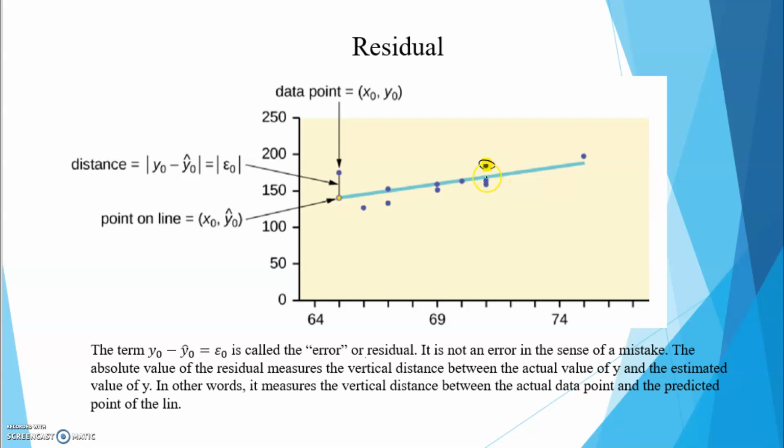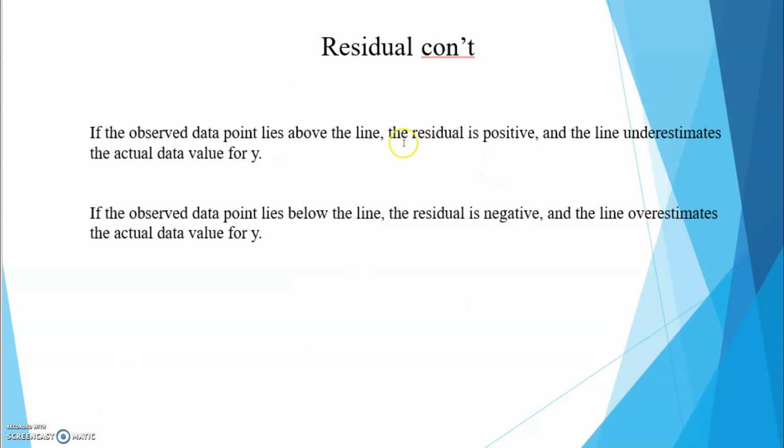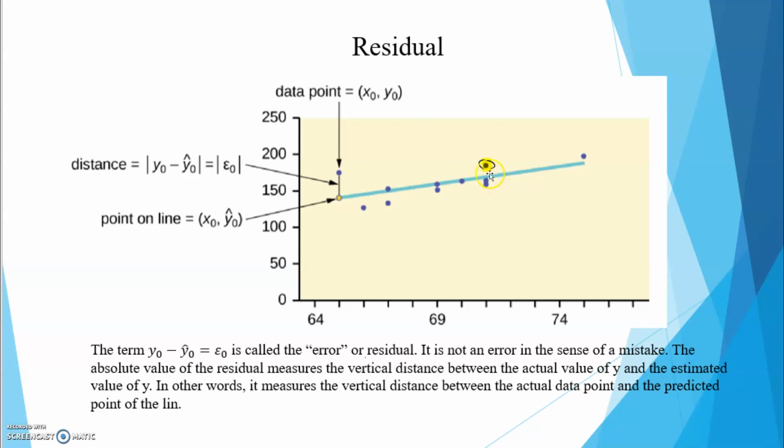It lies above the line. Okay, so the residual is positive, and the line will underestimate the actual data value for y. Because what you're going to be seeing, based on the equation that we're going to get, is this number right here on the line. This is the number used to estimate your actual data point. So since it's lower than your actual data point, it will underestimate the actual data point.